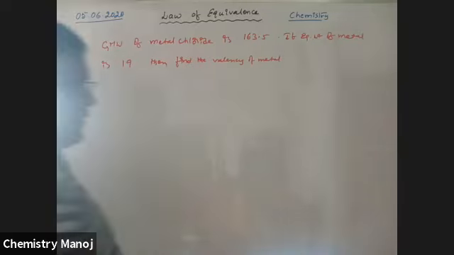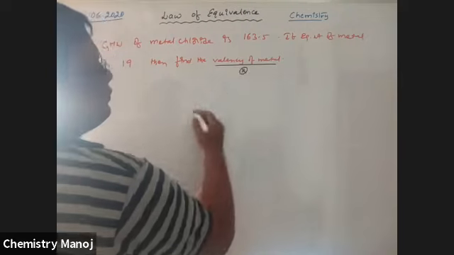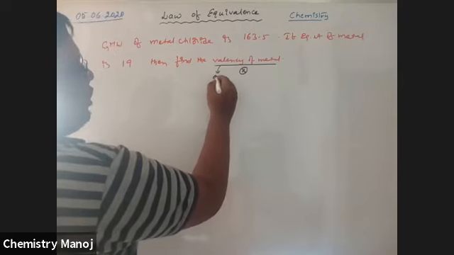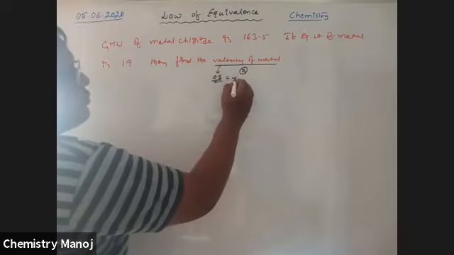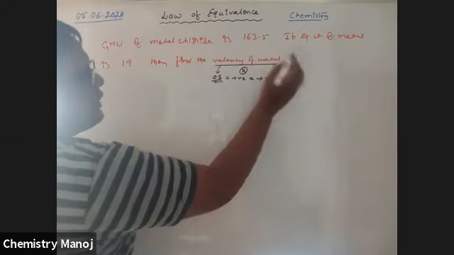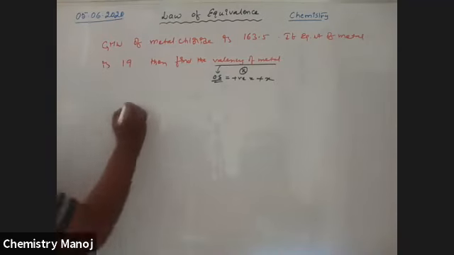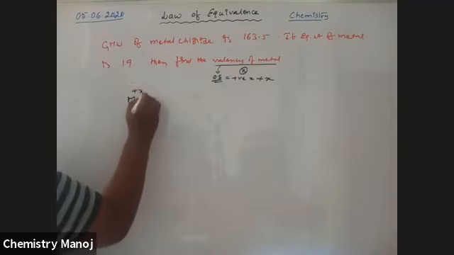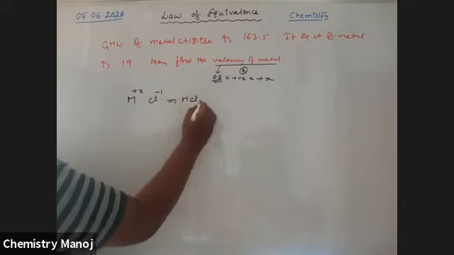So I'm solving this one. See here. Find the valency of metal. Let it be X. Valency is nothing but oxidation state, and metal oxidation state is always positive. So metal is in plus X, and Cl is in minus 1. The formula is MClX.